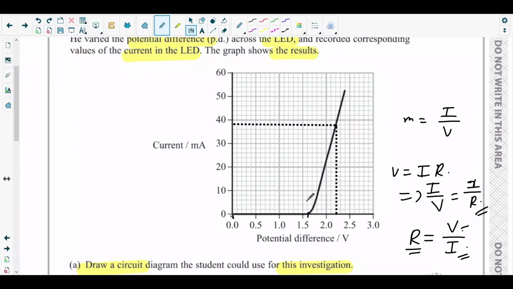Okay, and above 1.6 volt, when the PD across the LED was above 1.6 volt, we can see that there is a value for the V to I ratio, right? But we can see that the I to V graph is increasing, isn't it? That means the resistance was decreasing for PD above 1.6 volt.